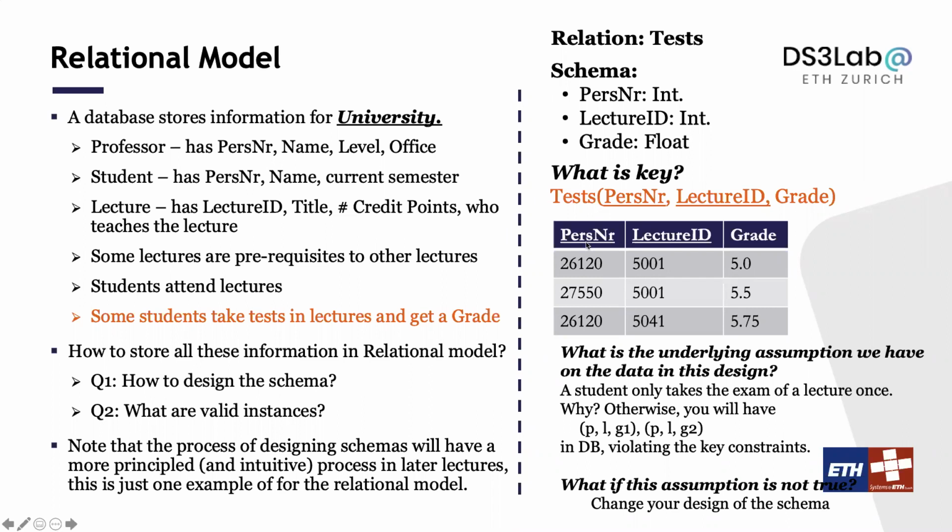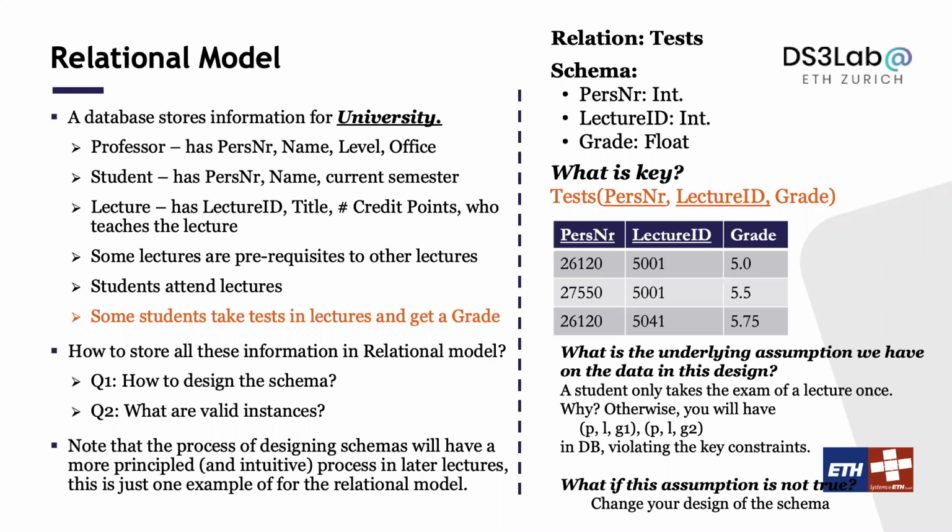Okay, so a relation is an abstract concept that has a schema and also an instance. So when we just say the word relation, it is ambiguous because we don't know whether you are talking about the schema of the relation or the relation instance, right?